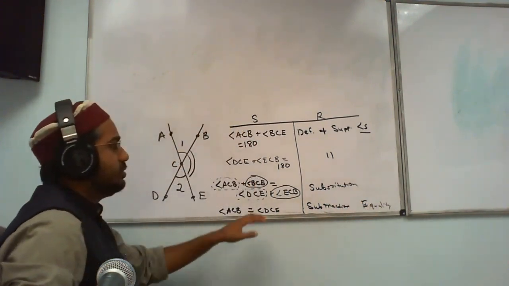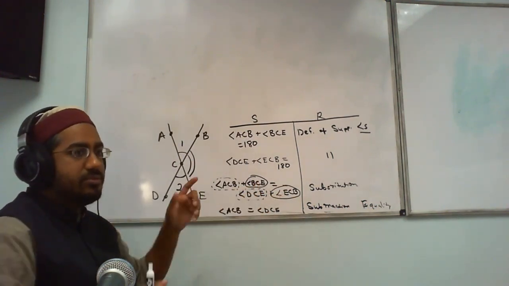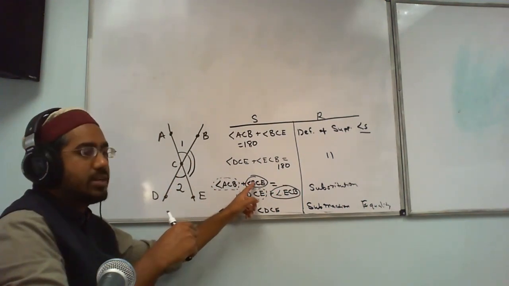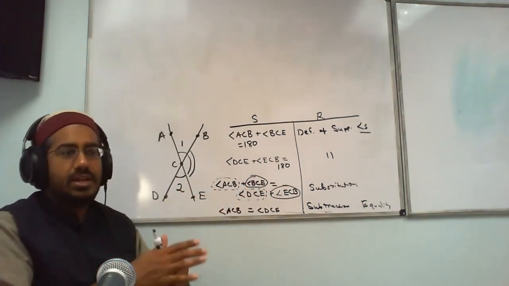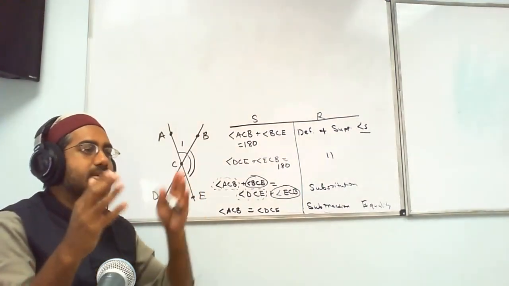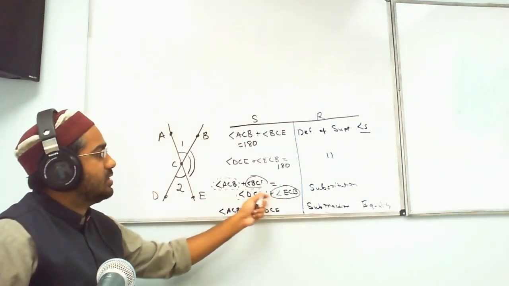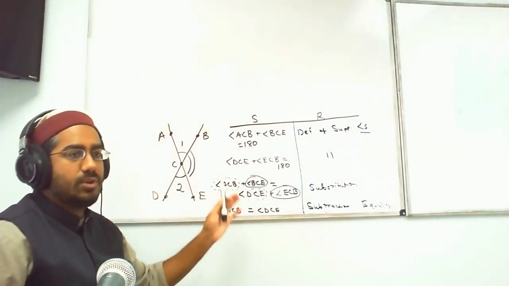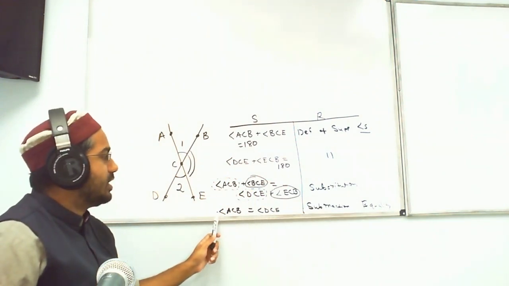Remember, I think we talked about that before. It just means that if I subtract something from both sides, that's okay, just like I can add something as long as I add it to both sides of an equation. So I'm subtracting this from both sides of the equation, so that's okay. That's called subtraction property of equality, and this is what I have left.